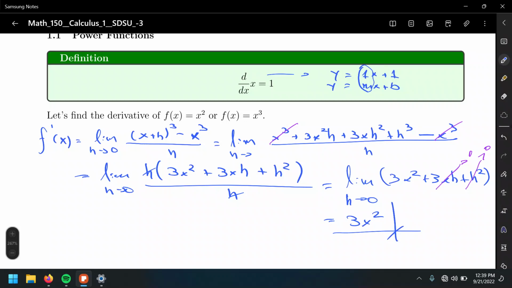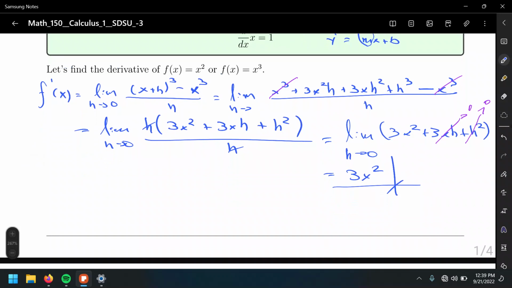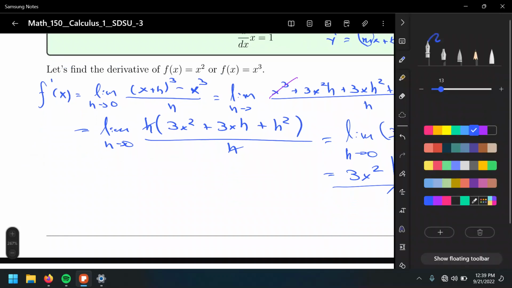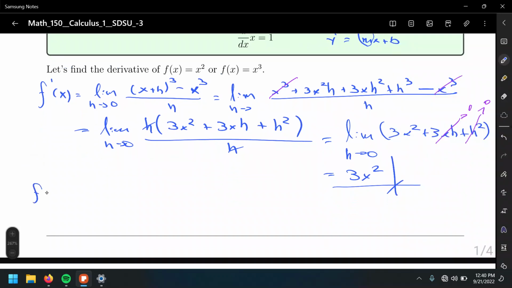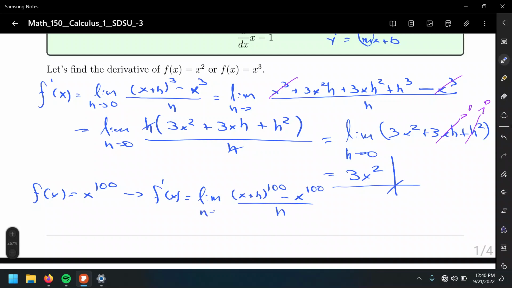However, what if you are being asked to find the derivative of f of x equals x to the 100? Okay, f prime of x equals the limit of (x plus h) to the 100 minus x to the 100 over h.